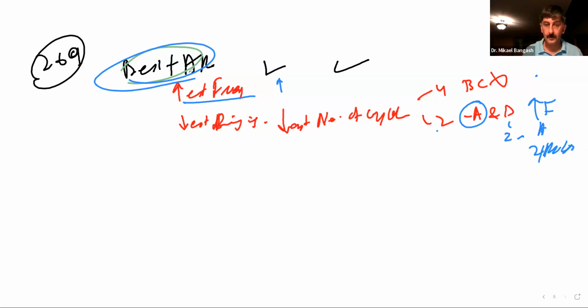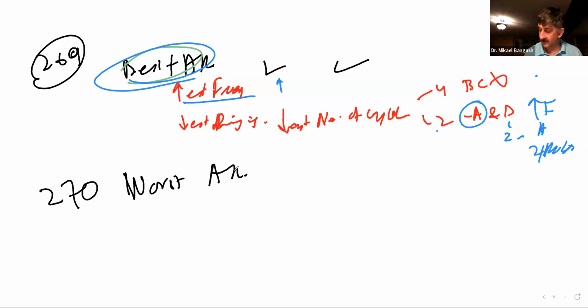Clear? So question 270 is pretty much just the opposite, because it says which of these will have the worst axial resolution. Is that clear?